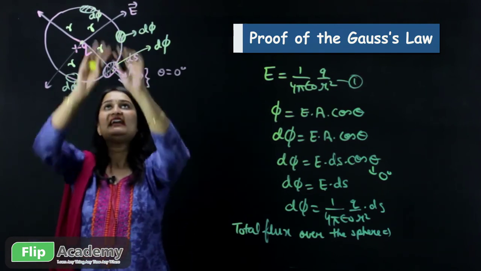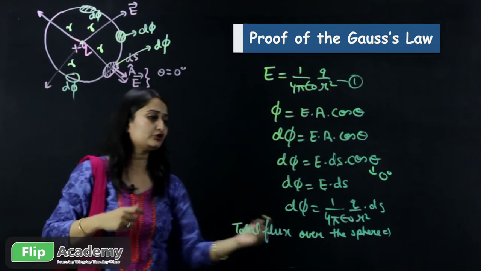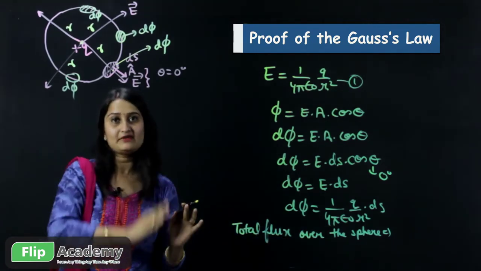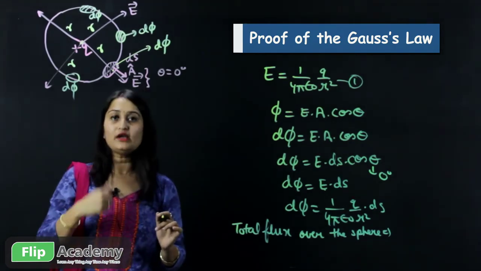On adding all these values, you will get the total flux over the sphere. We don't need to add all the values one by one; we just use one particular system which we call integration.